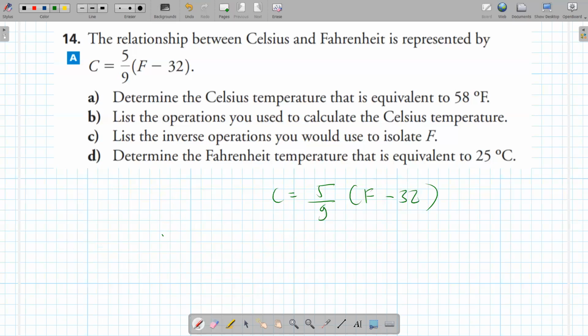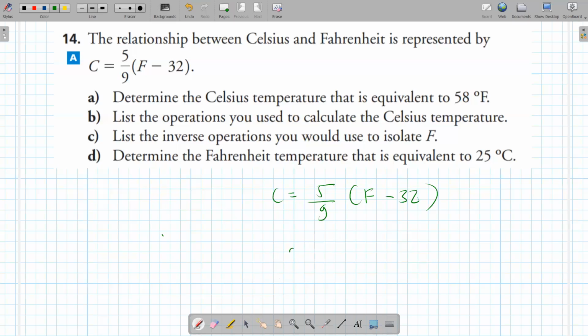F equals plus 32? Or, no. Would it be F equals 9/5, and then C plus 32? Is this in a bracket? No, it's not, right? So what did we actually do?